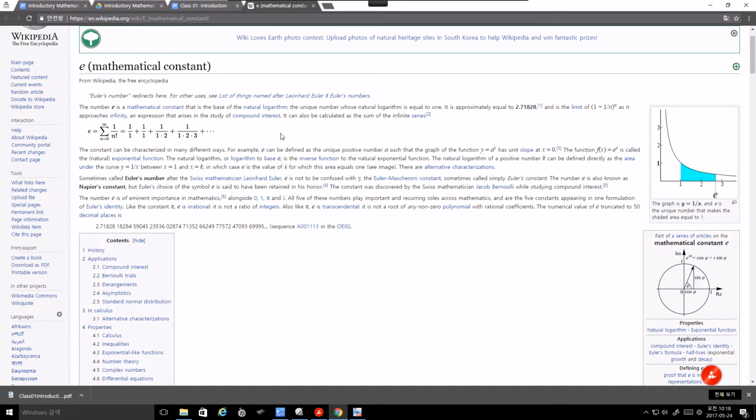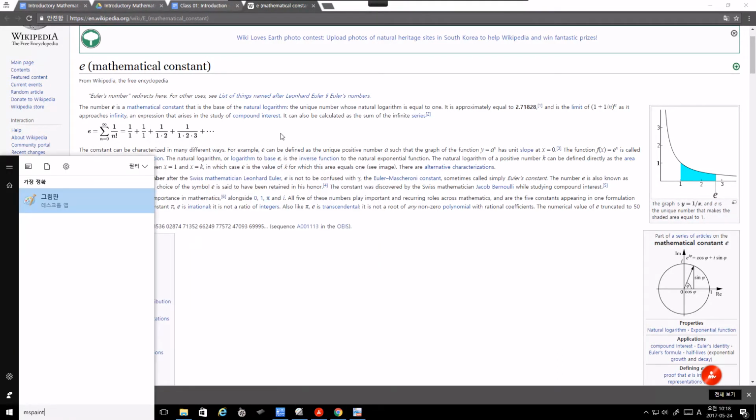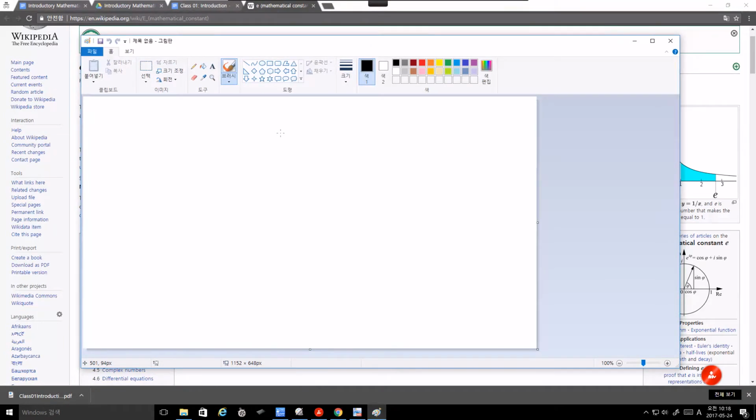So let me show you again. E, mathematical constant E, the definition of this one, E is equal to (1 plus 1 over n) to the power of n. But this n should go to infinity.